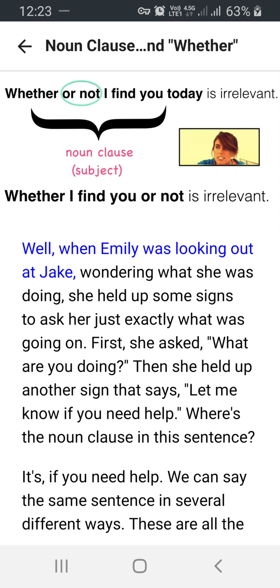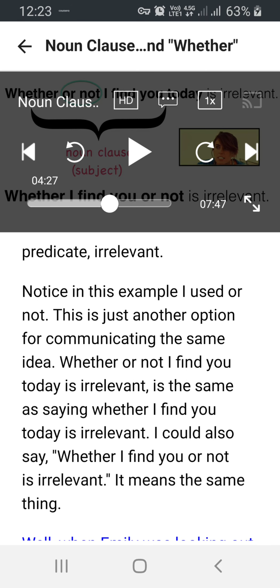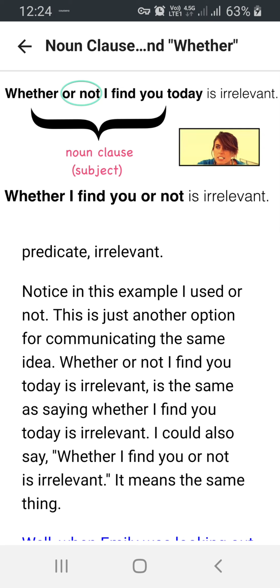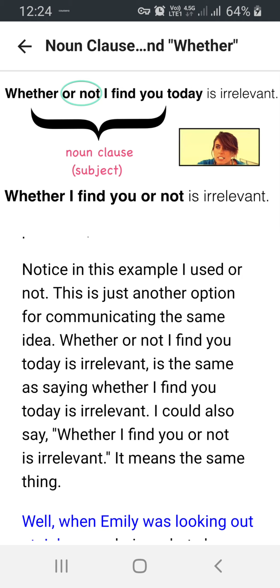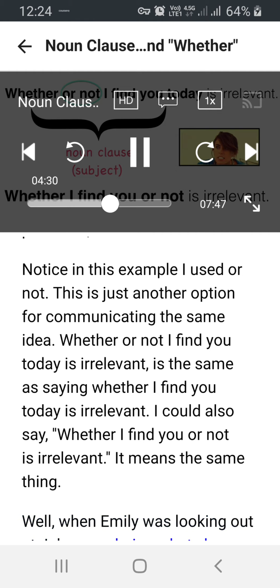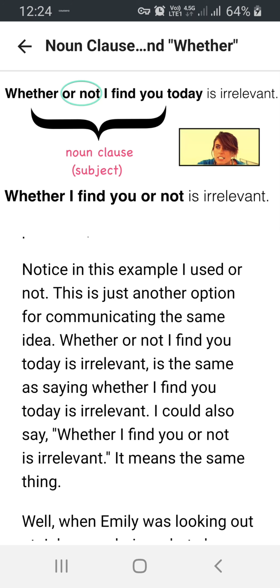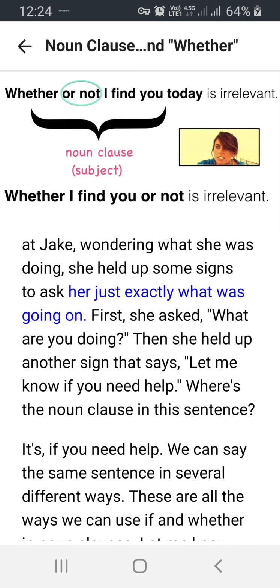Okay, well, when Emily was looking out at Jake, wondering what she was doing, she held up some signs to ask her just exactly what was going on.